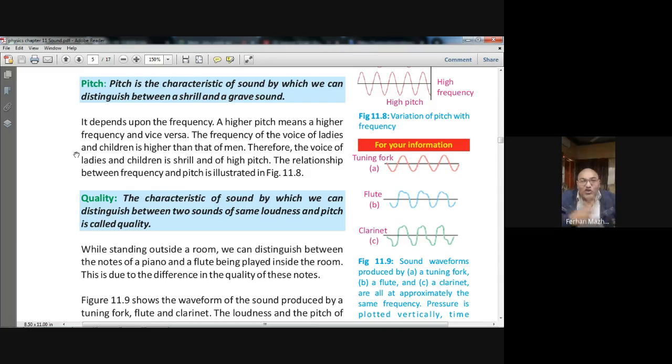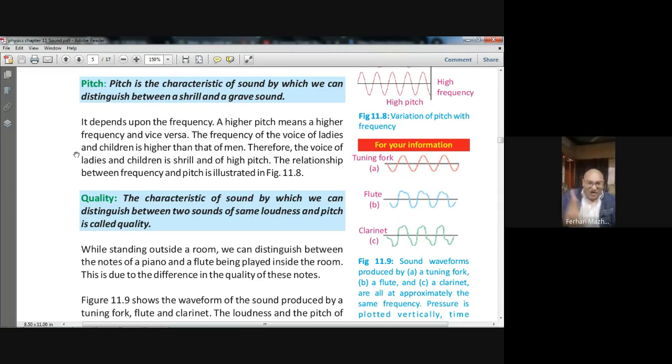When you start rotating the tire faster, the frequency of the vibration of that plastic scale will increase, and you will observe that the sound has become shrill.